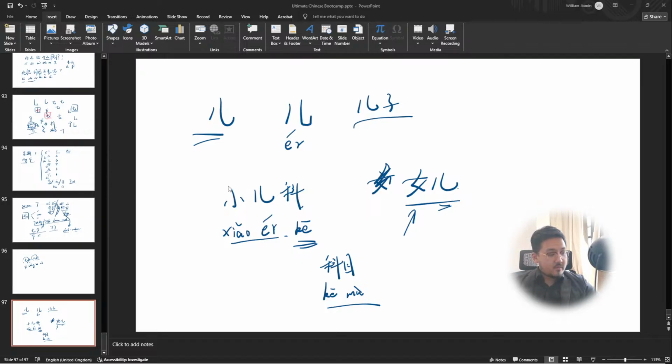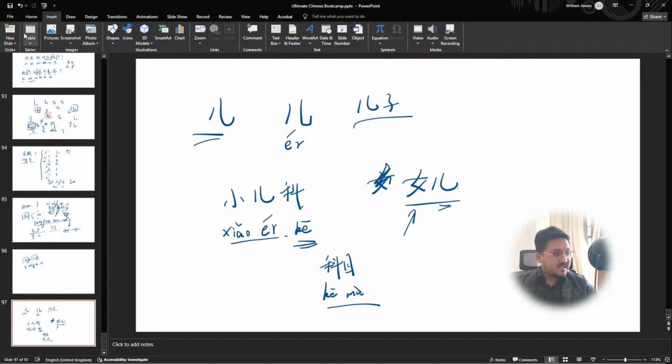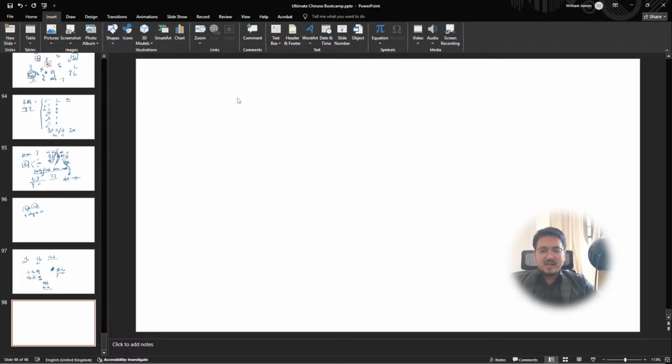So we talk about 儿, they have a specific meaning of kids, but in fact, it can be just a sound.